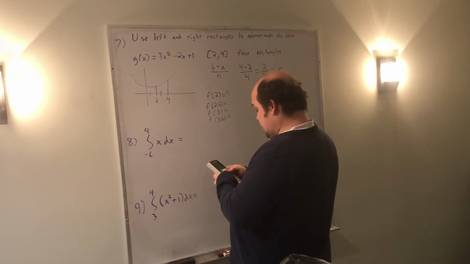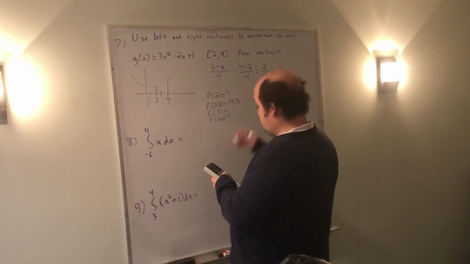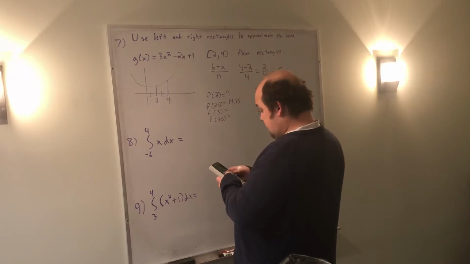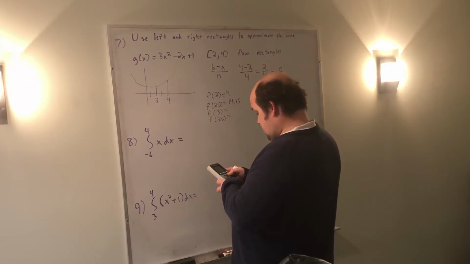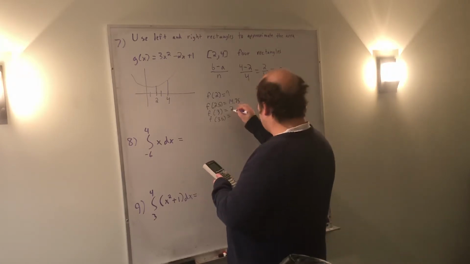If I now do the same thing at 2.5, that gives me 14.75. If I do the same thing at 3.0, that gives me 22.